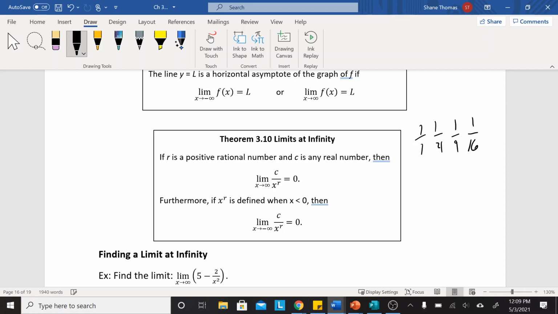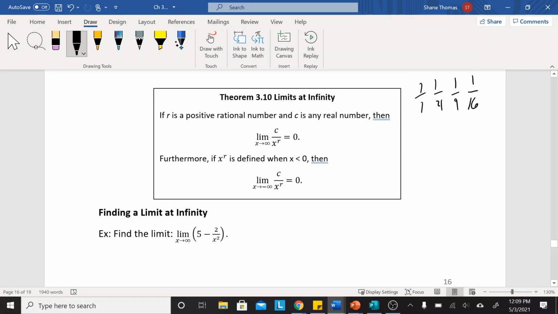So this is getting infinitely bigger on the bottom, correct? And what's happening to the fractions? They're getting smaller and smaller. So what's the only number we can be approaching if we're making a fraction get smaller and smaller? The only thing we're getting closer to is 0. It's the same thing approaching from the left side. You're still getting closer to 0. That's what that theorem is saying.